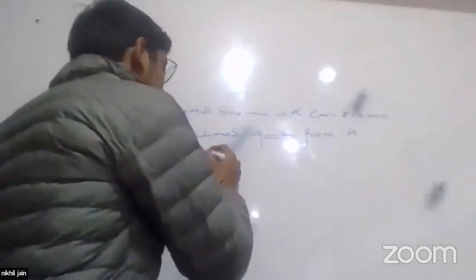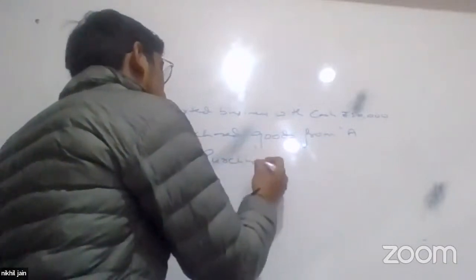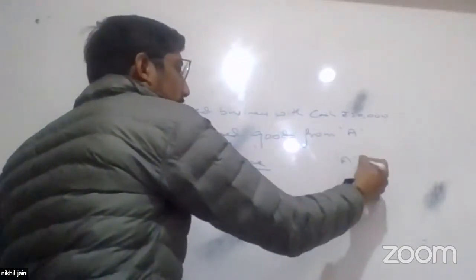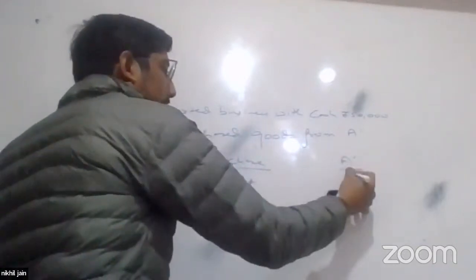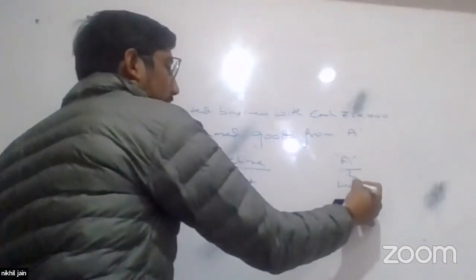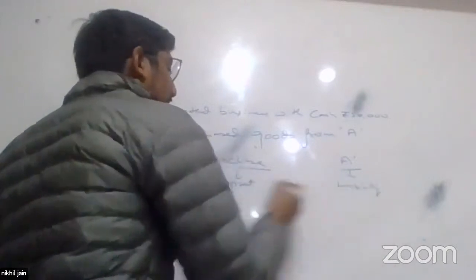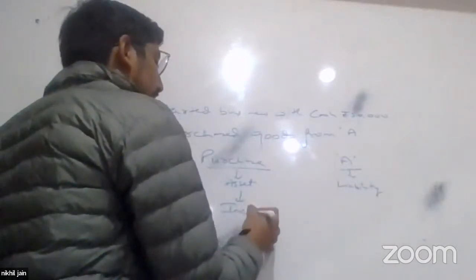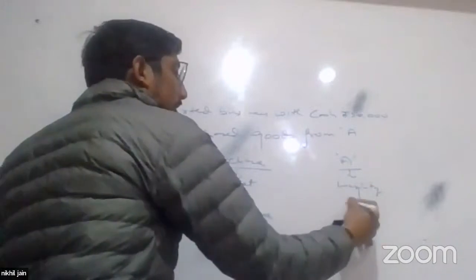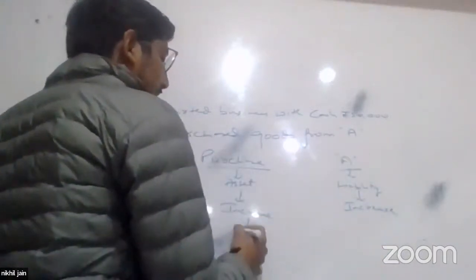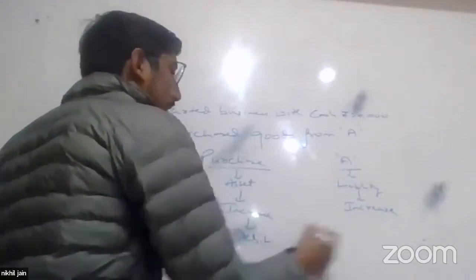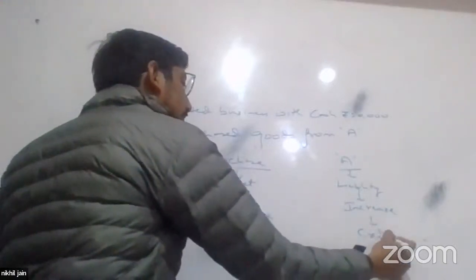So we will be using purchase and A. Purchase again is an asset, A will be a liability. Asset is increasing, liability is also increasing. So it will be debit and it will be credit.